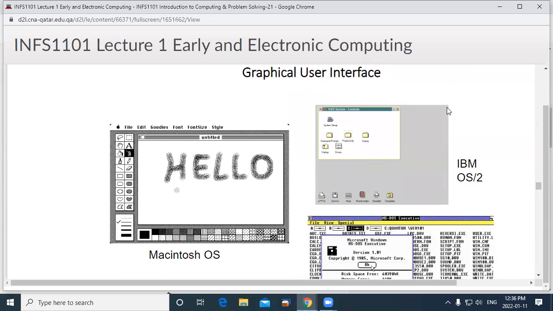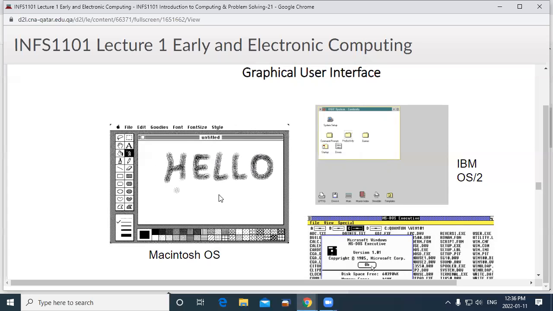One of the big things in computing that made it more accessible to everybody was brought to us in the first place by Steve Jobs and his company, Apple, when they produced the Macintosh in the middle of the 1980s. This is a screenshot of an Apple screen at that time.